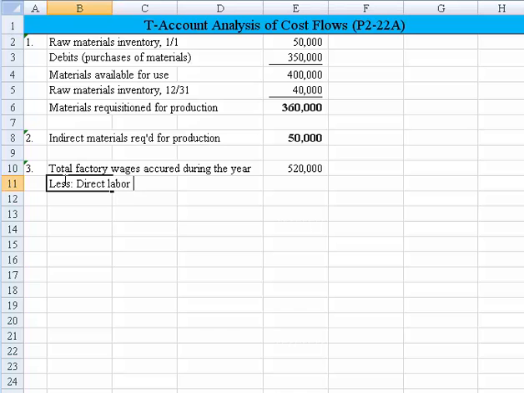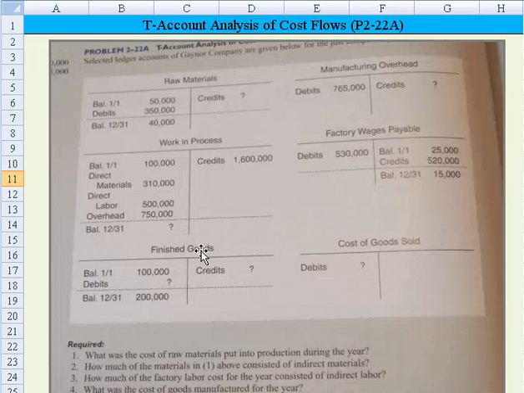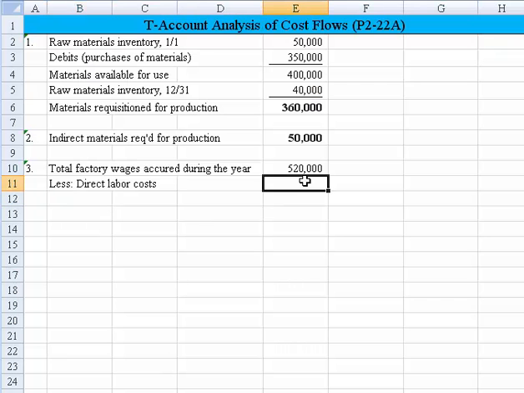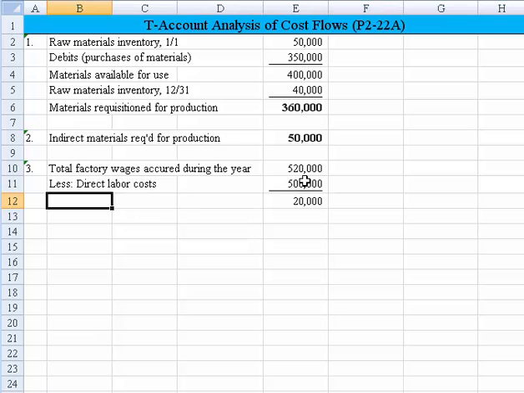Okay? And if we look at the direct labor cost from work in process, we see there was a debit of 500,000. Okay, so 500,000 was applied as direct labor. So if I put in the 500,000, then if I subtract the 500 from the 520, we're able to determine what the indirect labor cost would be, and it's $20,000, and that takes care of part 3.